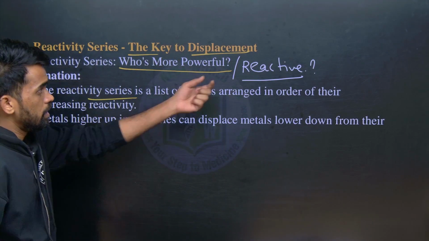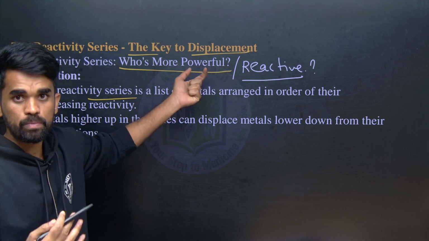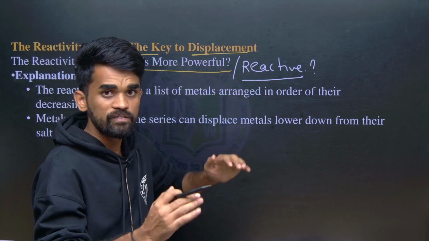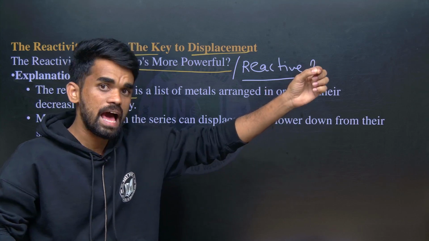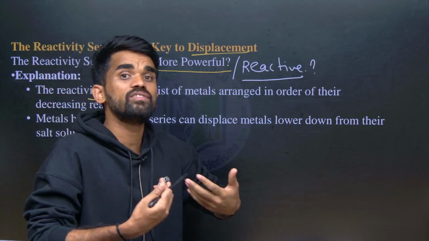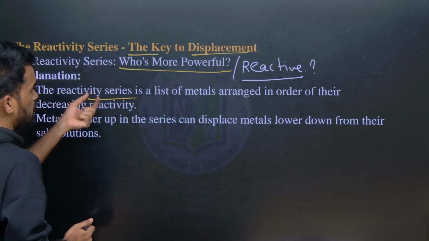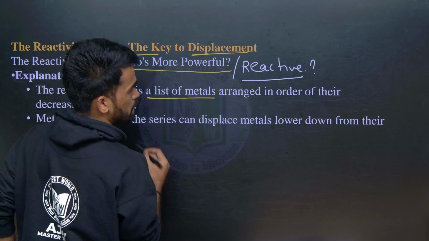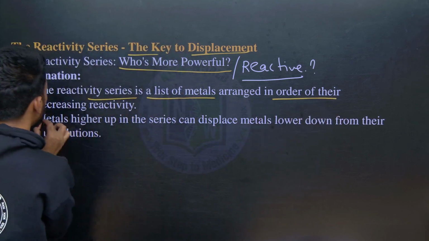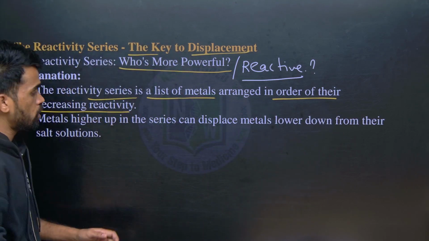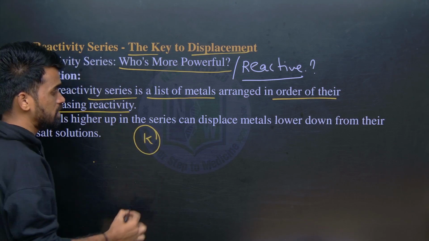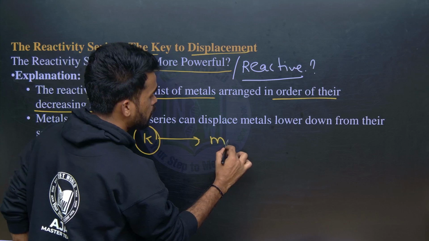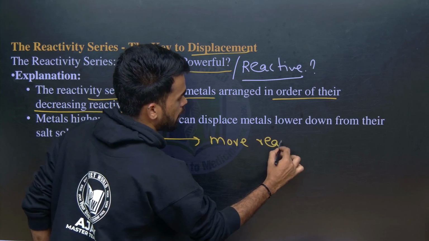In order to understand which is more powerful or more reactive, we have a series of elements where the metals are arranged in their reactivity order. The reactivity series is a list of metals arranged in the order of their decreasing reactivity. So at the top we will have potassium, which is the most reactive metal.